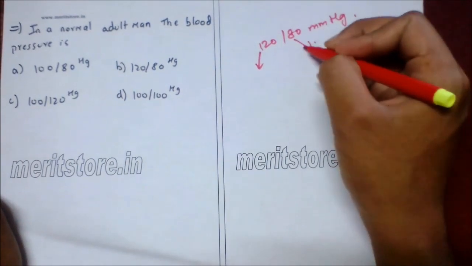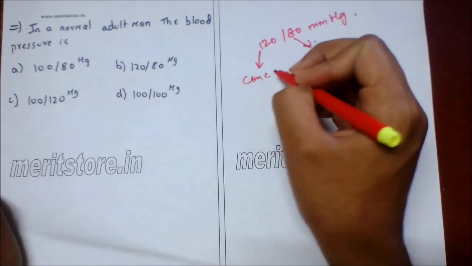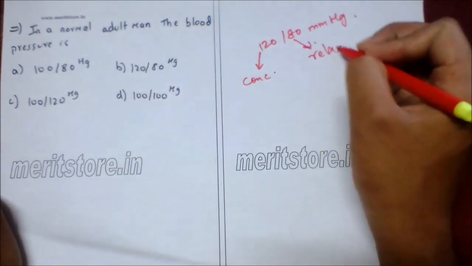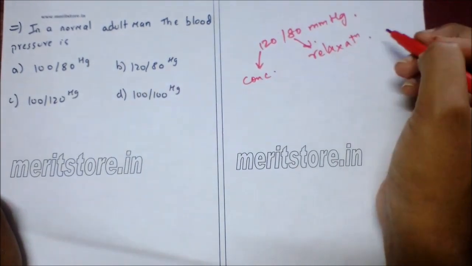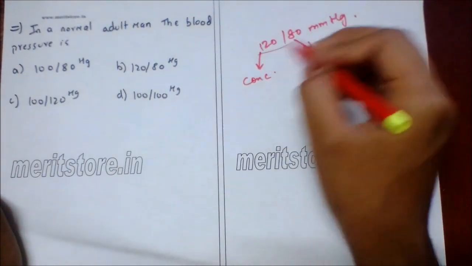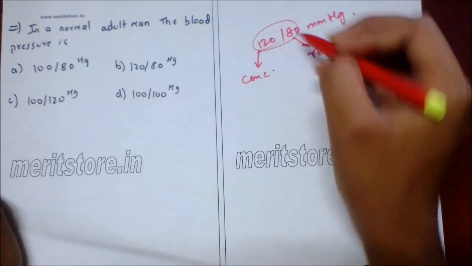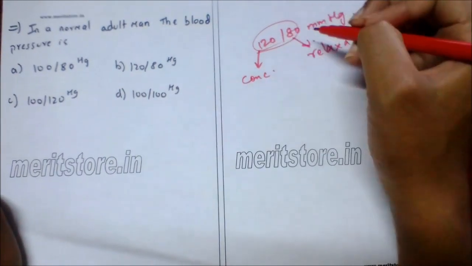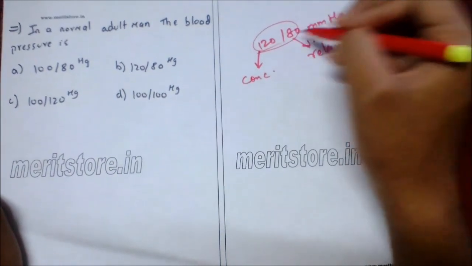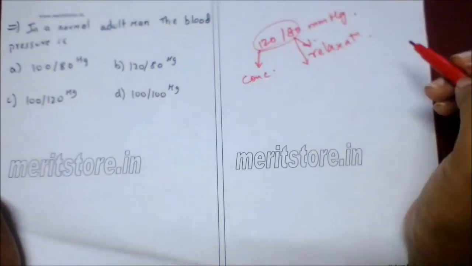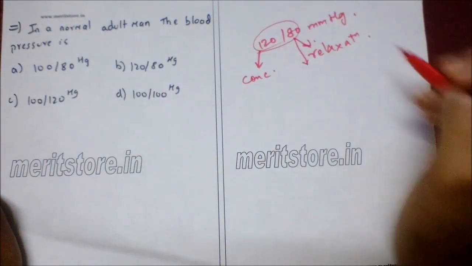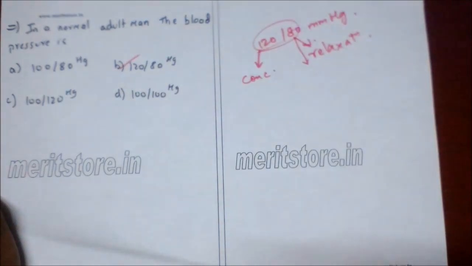This is the diastolic. Systolic is when there is contraction, diastolic when there is relaxation. So the normal blood pressure is 120/80. When pressure increases above 120, it is known as hypertension, and when it is below 80, it is known as hypotension. So option B is the correct answer.